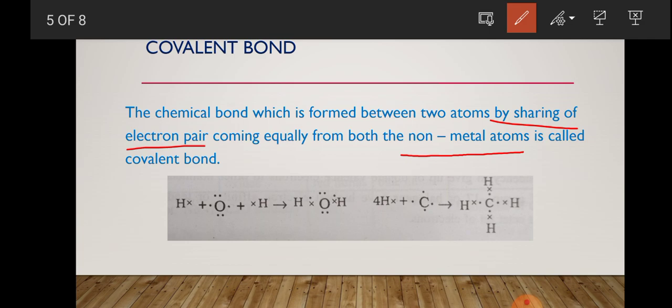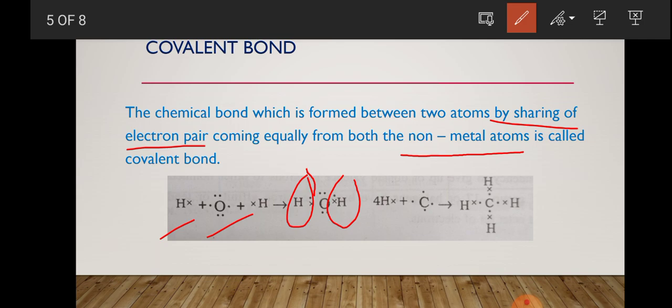We can see the outermost shell of oxygen contains 6 electrons, whereas the outermost shell of hydrogen contains only 1 electron. Among the 6 electrons of oxygen, there are only 2 unpaired electrons, and these 2 unpaired electrons share with hydrogen atoms, and thus they form covalent bond and covalent compound water.